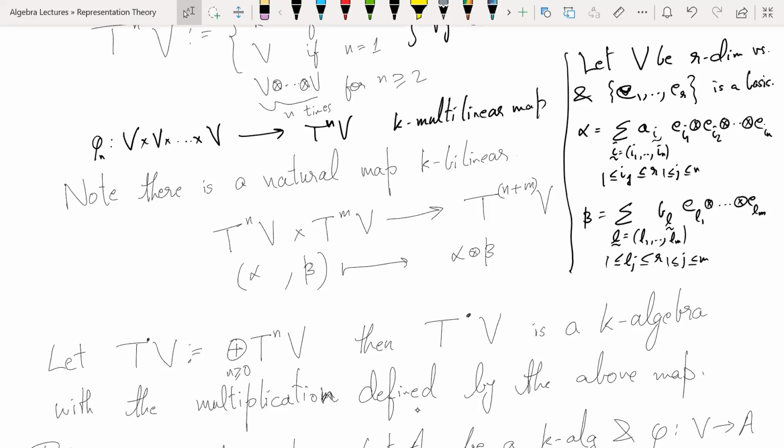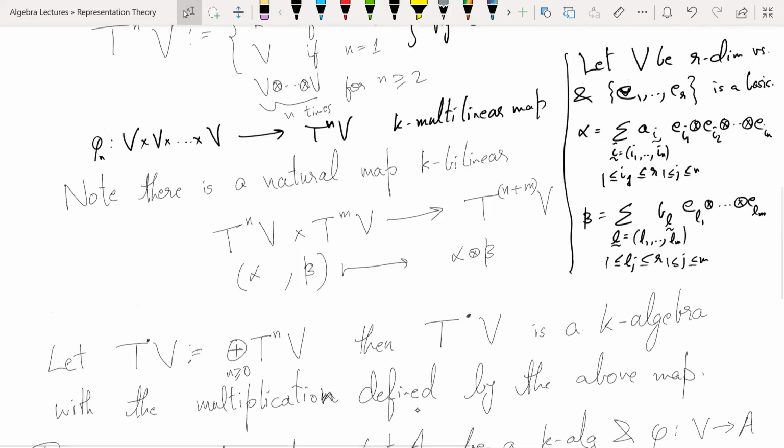So it's going to be a_i b_l times the e vectors, summation over these two terms. You expand it, use the distributive law, and you get alpha tensor beta. The formula will look a bit long, not complicated, just long, but it will give you what alpha tensor beta is.